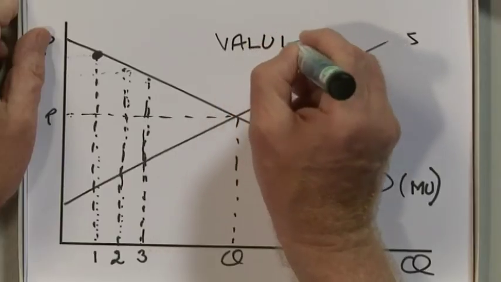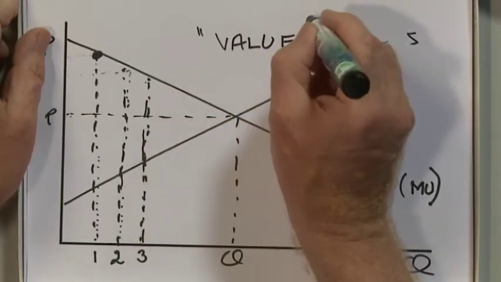Now we can develop that idea a little more by thinking about our consumers for any particular product and seeing just how much utility is derived from the consumption of a good. So let's come back now to the diagram that we've got in front of us and understand what economists mean when they talk about the value of a good.